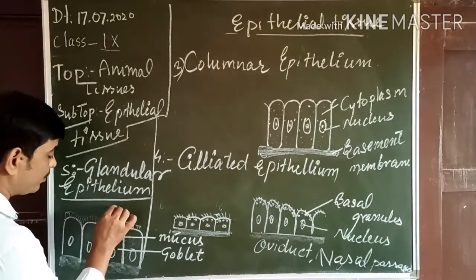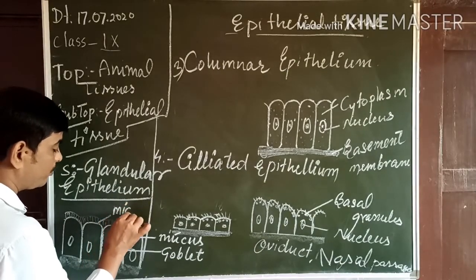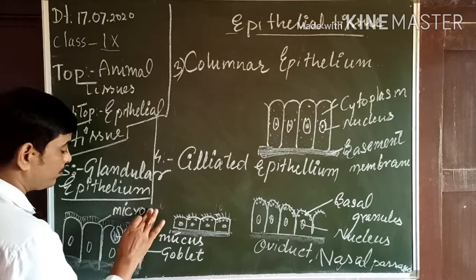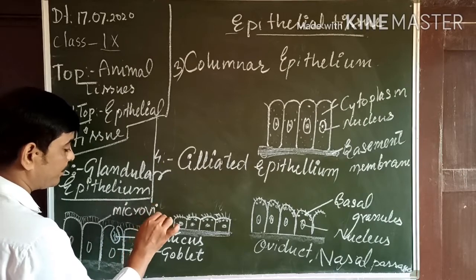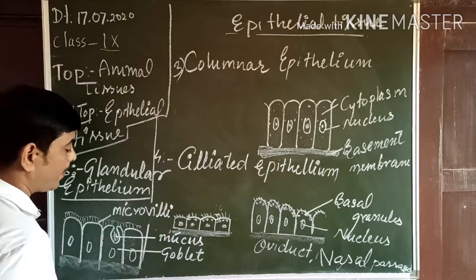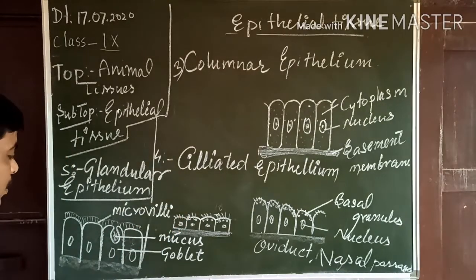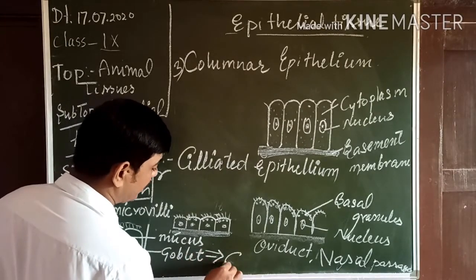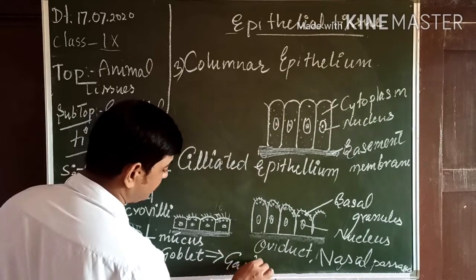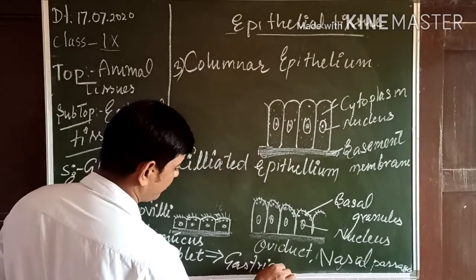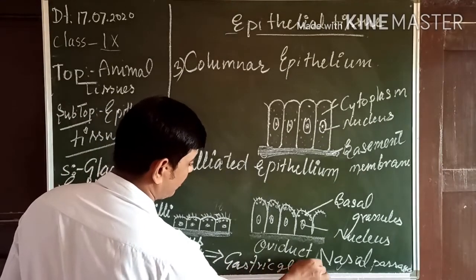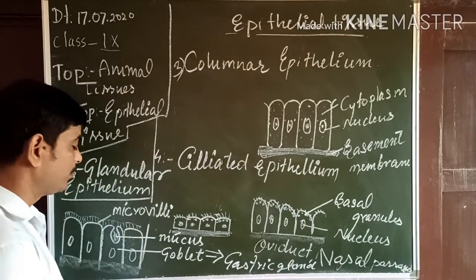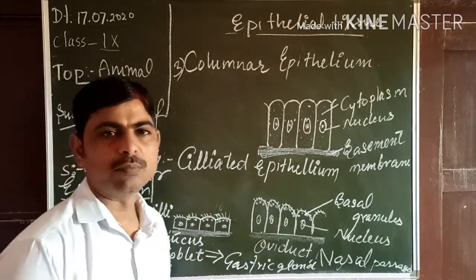You can name it microvilli. Since they secrete mucus, you can see the example of gastric gland, because gastric glands secrete mucus.